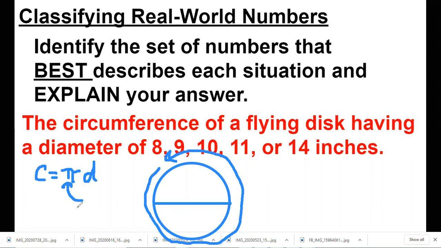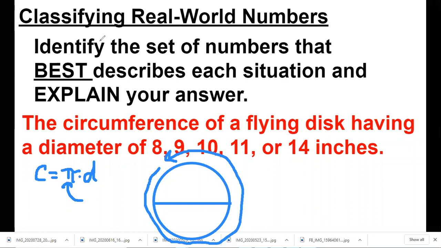So if I multiply a non-exact number, an irrational number, times a positive number such as diameter, I can only get an irrational number, right? If I multiply pi times anything, I'm not getting a precise answer. I'm getting something that's a close estimate.